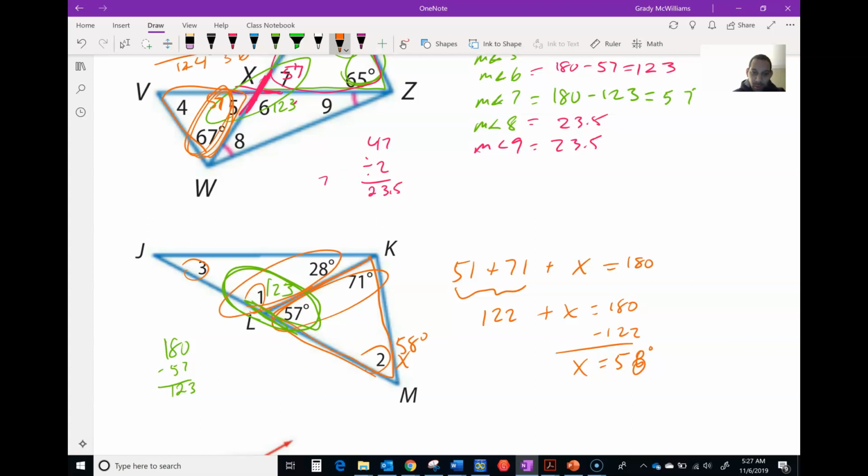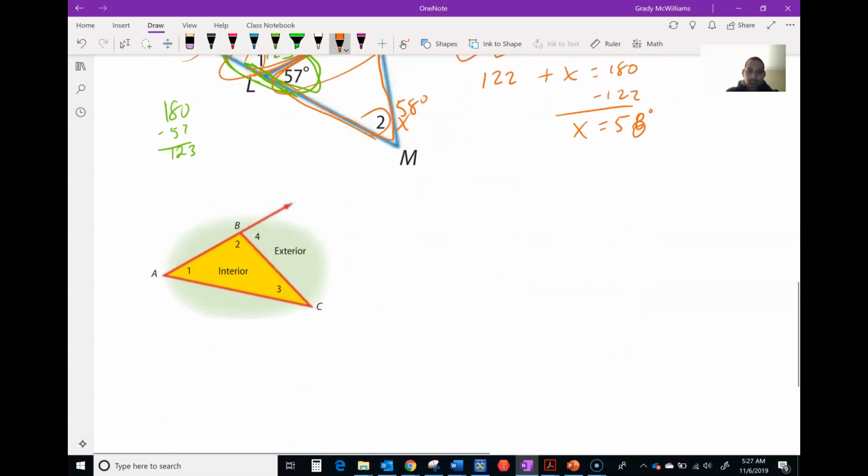These two, it's probably not the best color, will make 151 it looks like. And so if you get 151, how much more do you need to get to 180? So it looks like you need 29. Did a lot of quick math there. Hopefully that makes some kind of sense. So this is 29 degrees, that's 123, and we figure out down here is 58.